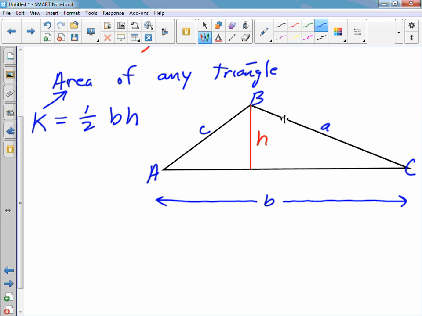So now, but wait, there's more. What about if I said, we're doing law of sines, right? So what about if I said sine C, what would that equal in terms of letters? Opposite over hypotenuse, which in this case would be what?